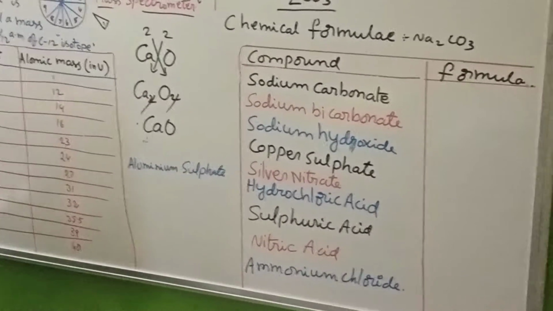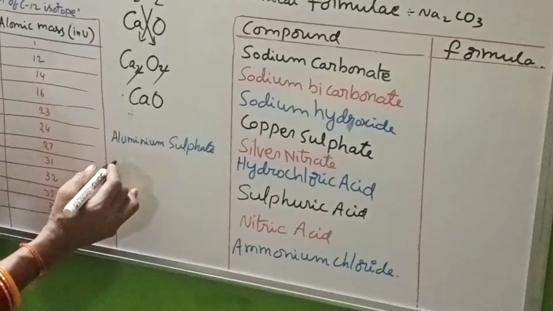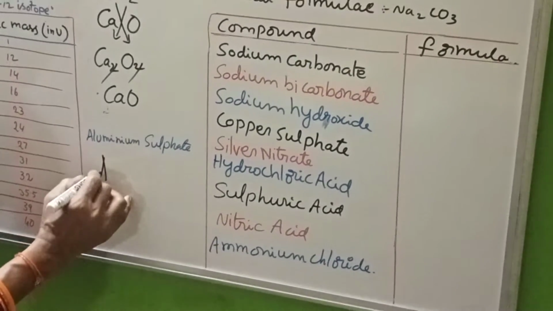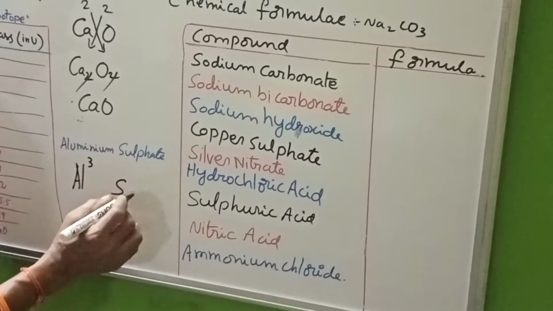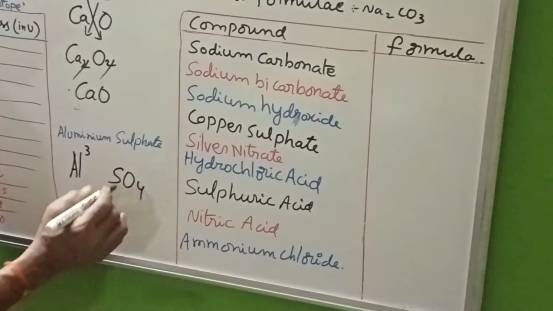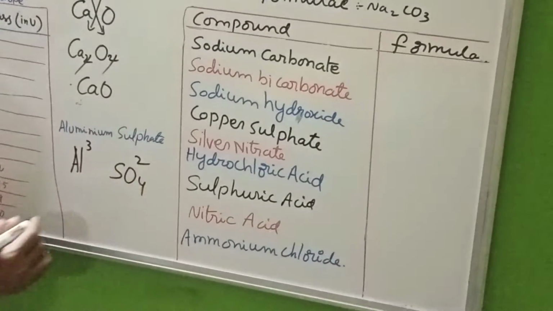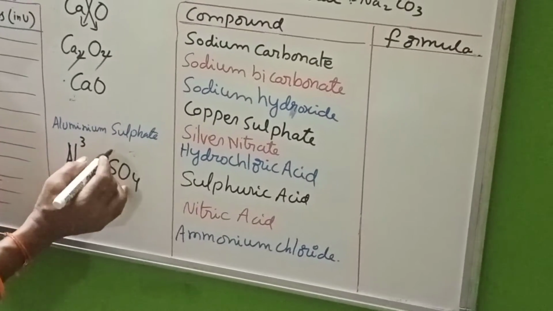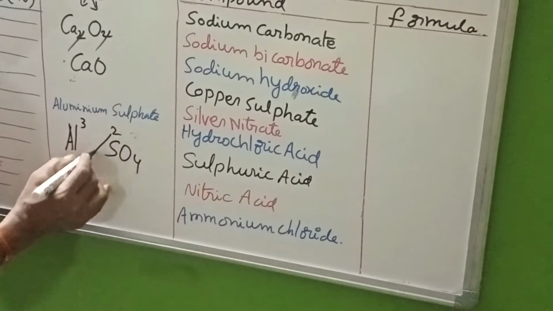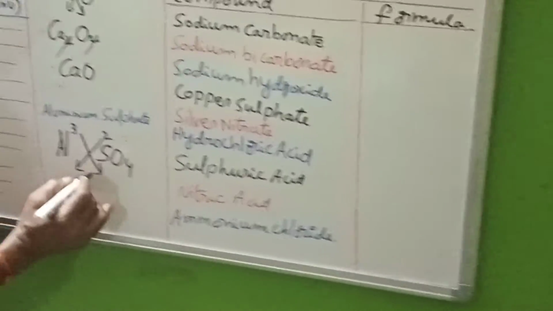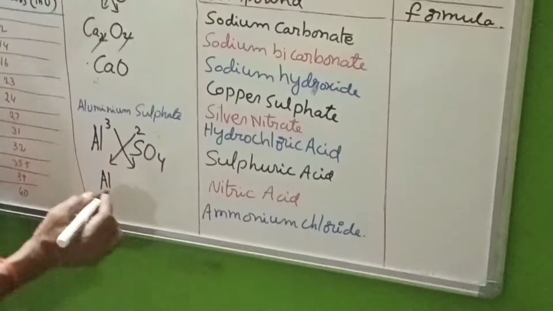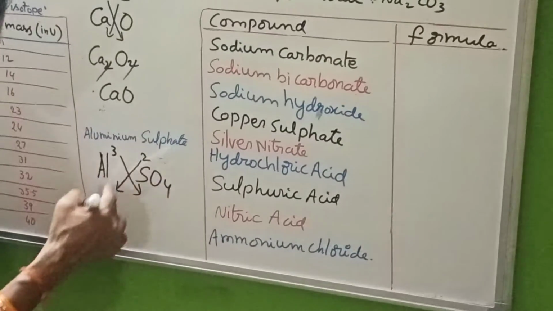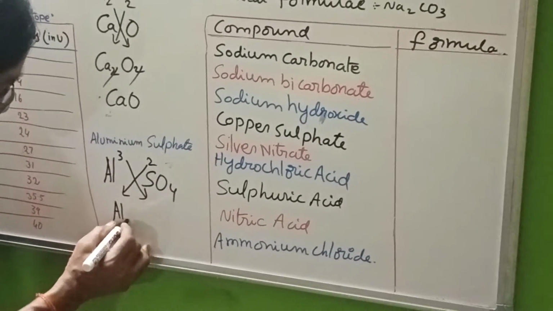In the same manner, let us take aluminium sulfate. Aluminium valency is 3 and the sulfate radical SO4 has valency 2. You keep the valencies here, and by using the criss-cross process, the aluminium valency goes to the sulfate radical and the sulfate radical valency comes to aluminium.